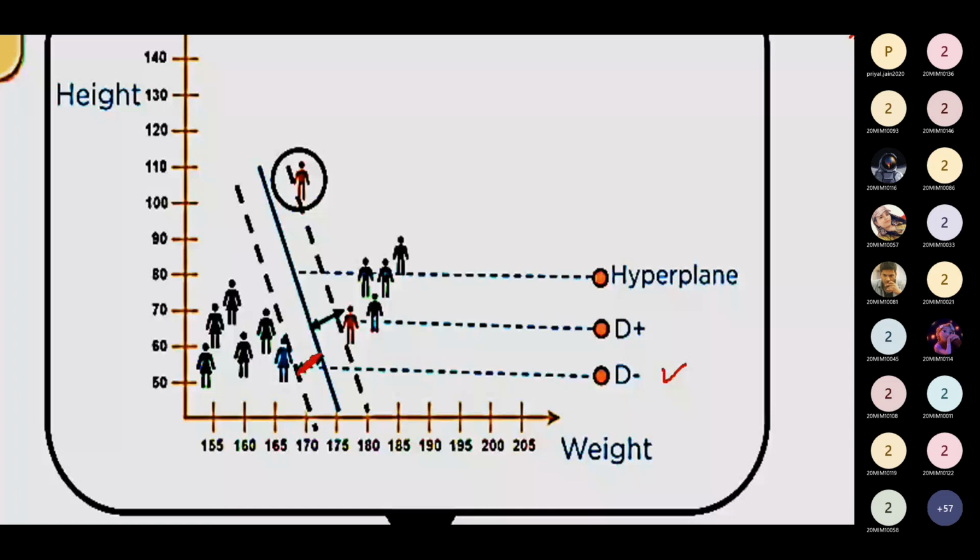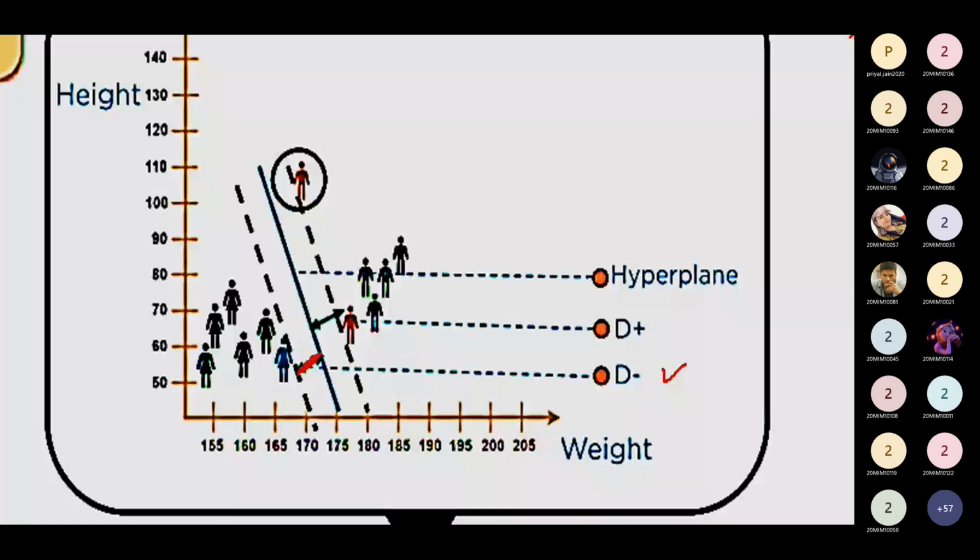The distance from the actual data point to the support vector is the shortest distance we have. But in the case of this other point, we have the maximum distance. The maximum distance comes under the negative closest point, and the positive closest point gives the shortest distance.